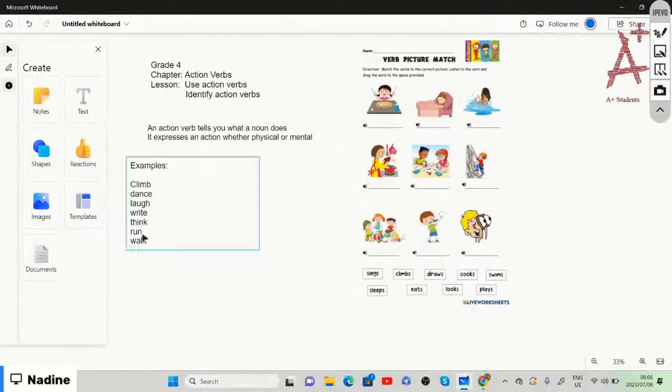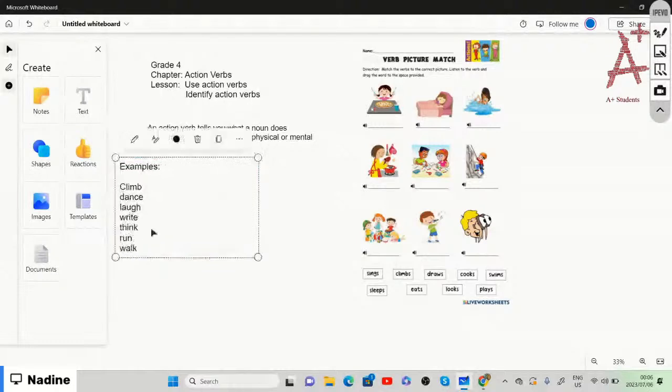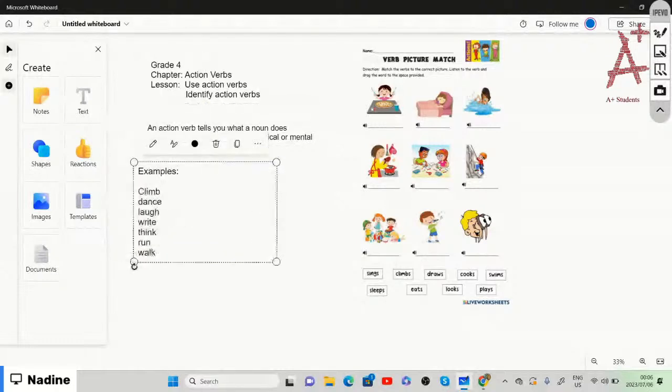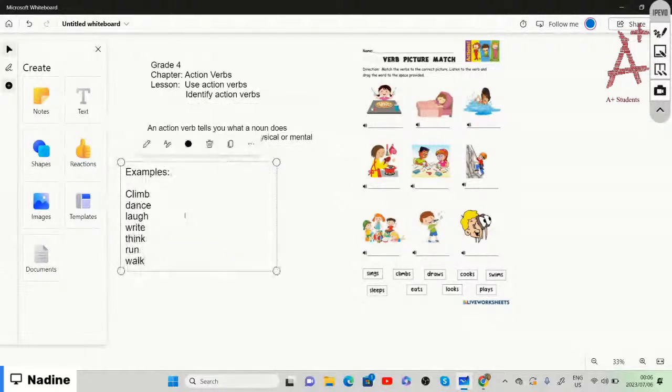And here are a few examples of action verbs. Climb is an action verb. To dance is an action verb because it's something that you're doing. Laughing or laugh is an action verb. Write: you are literally sitting with your pen or pencil, crayons in your hand, and you are writing a letter or writing the notes down.